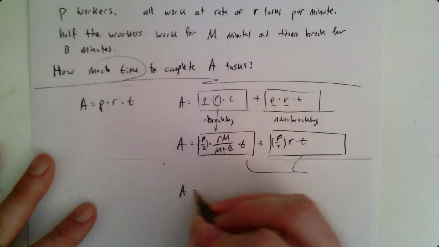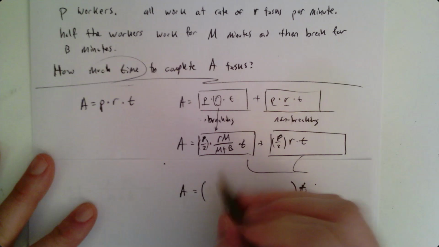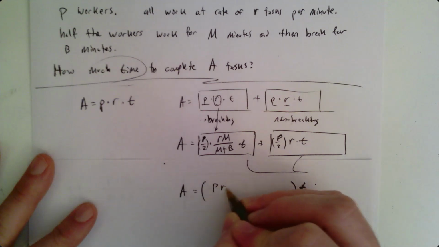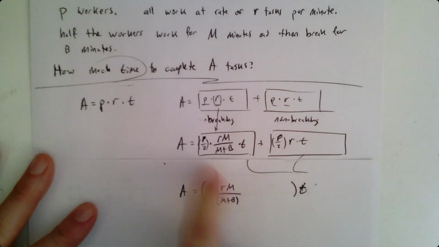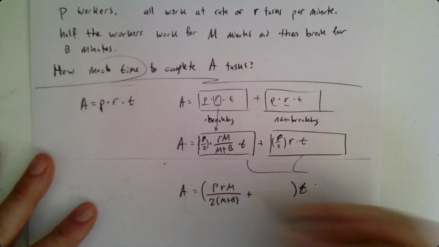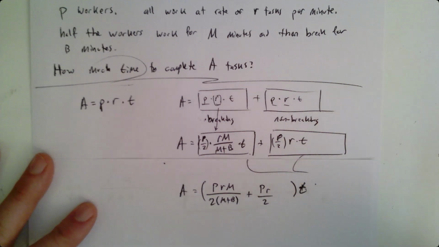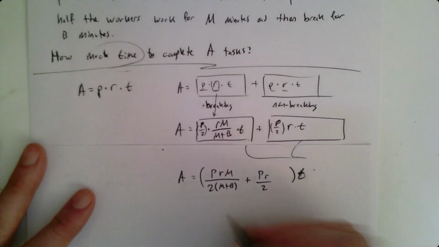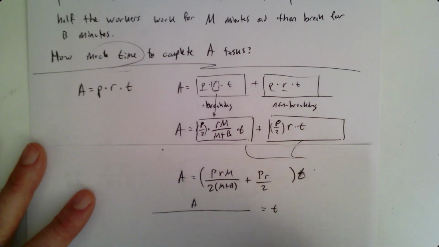So that gives me A equals, and I'm just going to keep everything else unsimplified here, PRM over 2 times M plus B, and then here I'll have PR over 2. Then I'll divide by that entire thing in the parentheses to give me T equals A divided by all of this. And I'm not going to try to algebraically simplify it anymore.